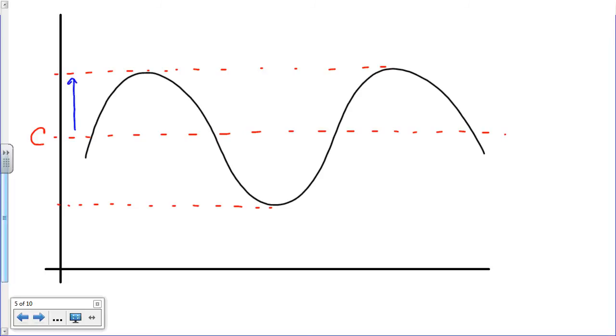So this distance right here is the absolute value of A. This distance right here is also the absolute value of A. If you want to name these points, this would be C plus the absolute value of A, and this would be C minus the absolute value of A. Okay, so that marks what's going on our vertical axis, the amplitude and the sinusoidal axis.